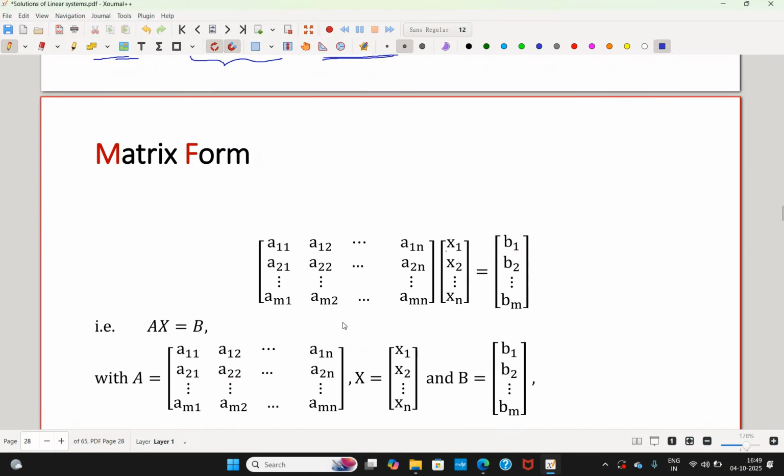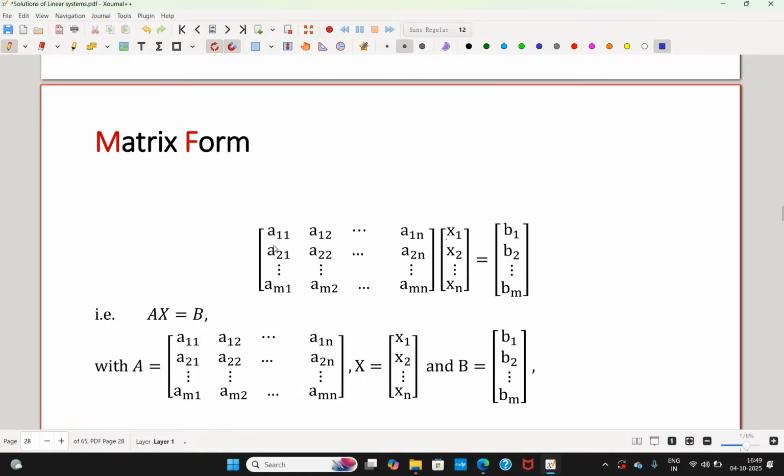Here I have the system of equations in terms of matrices in this way. All coefficients we have collected in this matrix, and this is called the coefficient matrix. Generally, this coefficient matrix is denoted with the help of A. Then this is the matrix of unknowns, or variables.